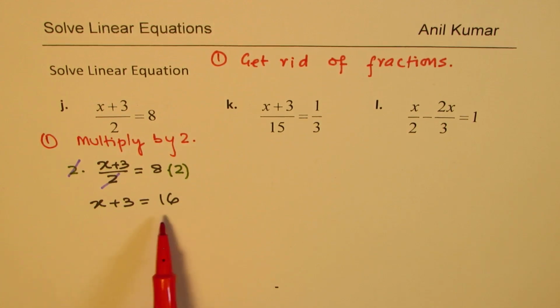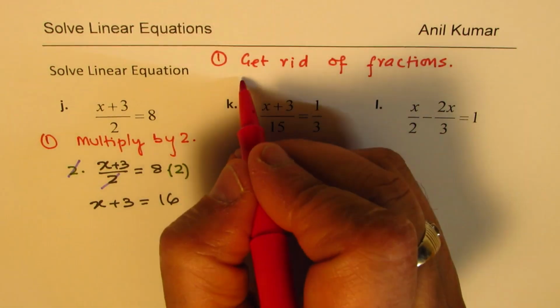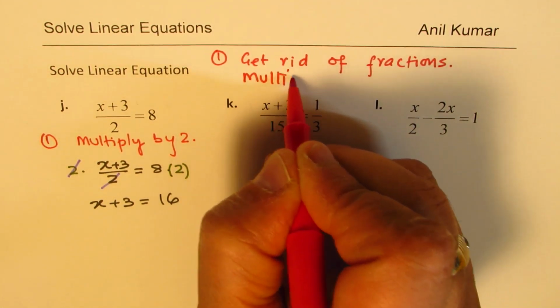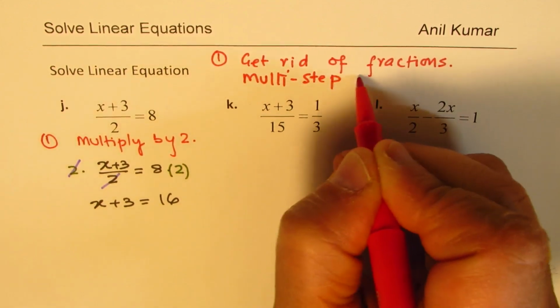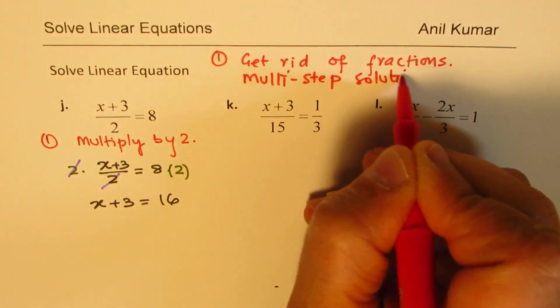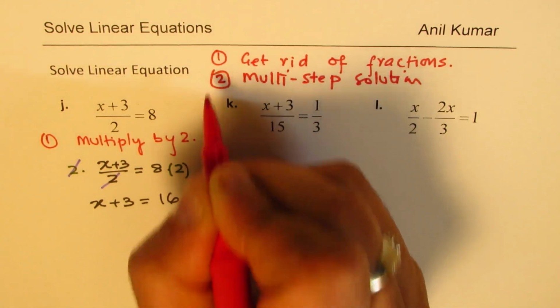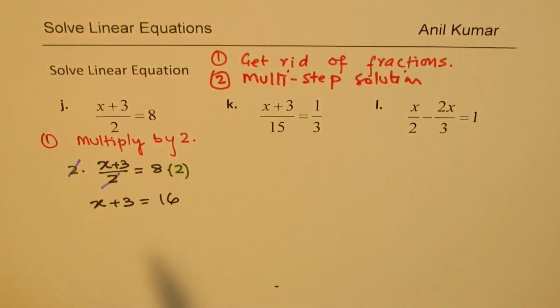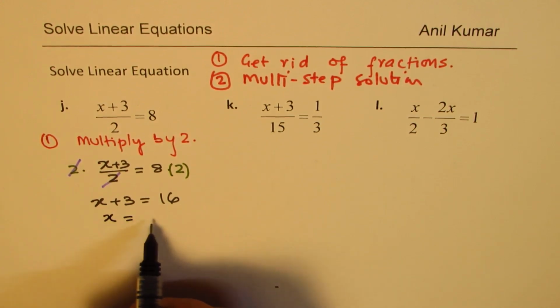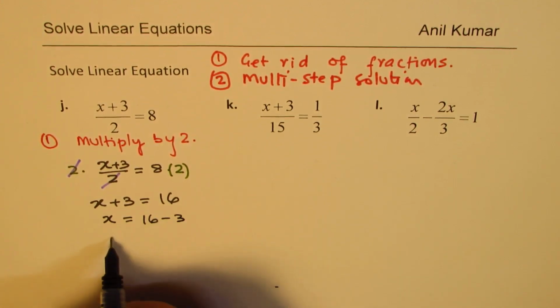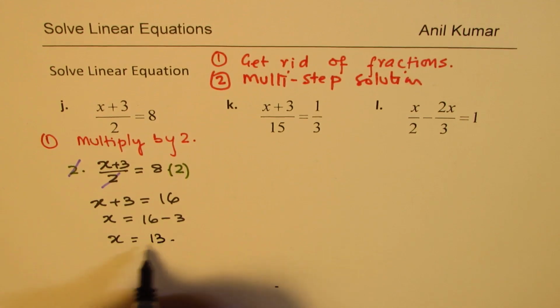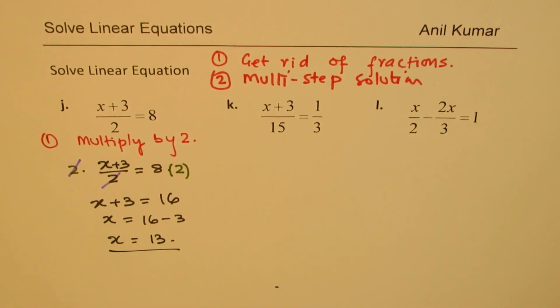Once you do that, then we do our multi-step solution. That becomes our second step. So now we have x plus 3 equals 16. I could write this as x equals 16 minus 3. So x is equal to 13. Does it make sense to you? So that is how we should be solving it.